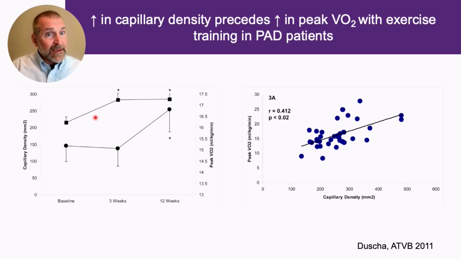But so interesting, the increase in capillary density preceded the increase in VO2 max, which is a theme that we'll see in other studies later in the talk. So when you look at the relationship between peak VO2 and capillary density, it's significant whether you're pre-trained or post-trained. So again, denoting that capillary density plays an important role in determining peak VO2 in this clinical population.